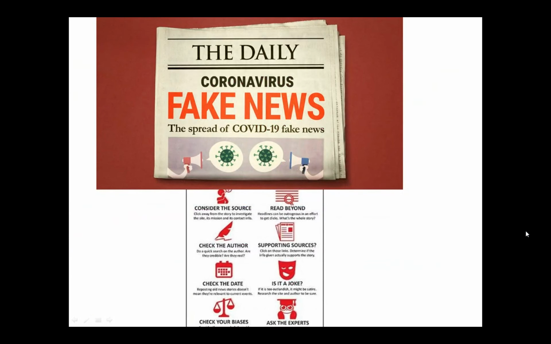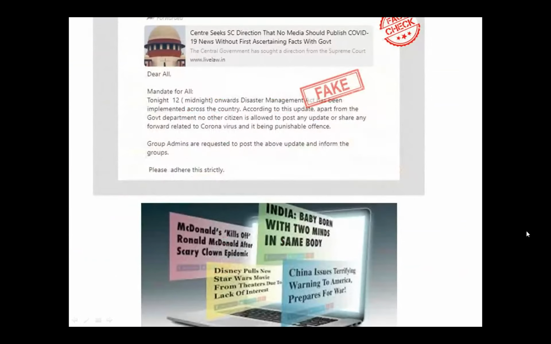Okay, the second solution for the problem: fake news and misinformation. How do we identify fake news? You can see some examples of fake news and how it affects the community. See the second one: China issues a terrifying warning to America.